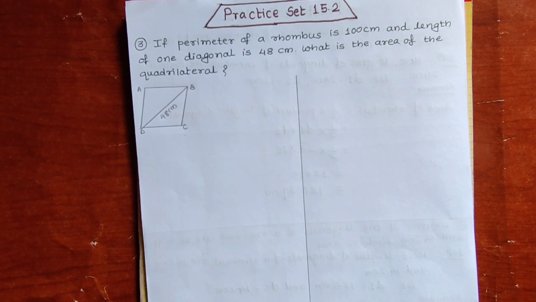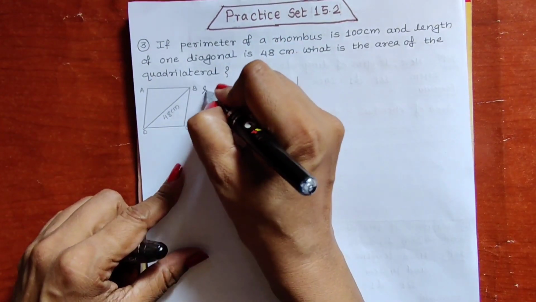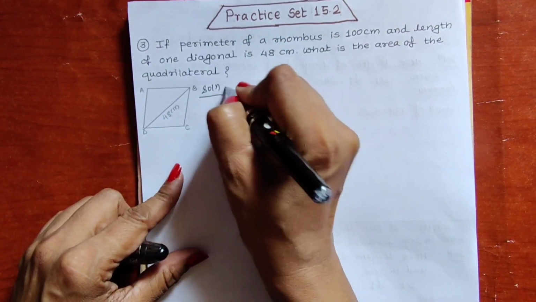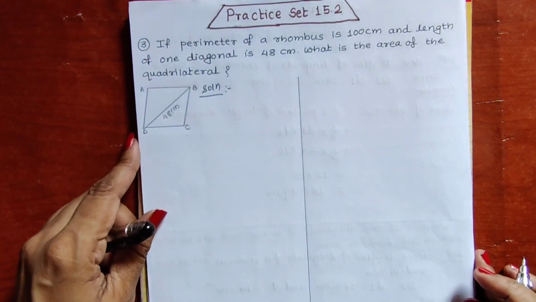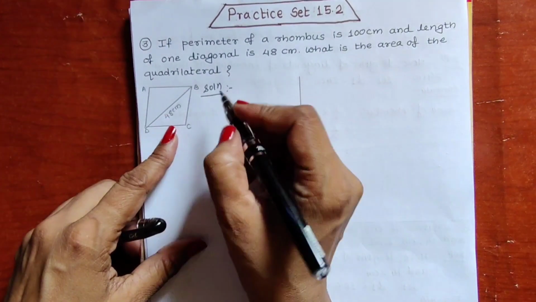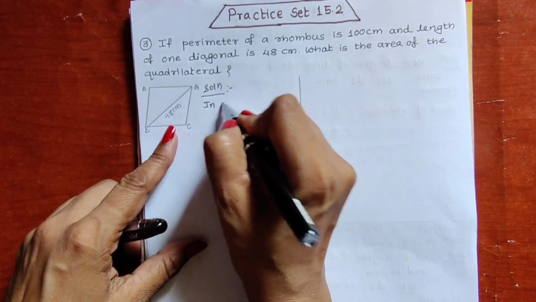First we will write the solution. What is given to us in a rhombus?